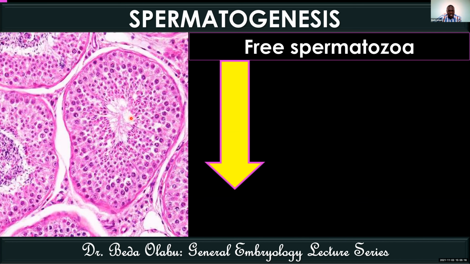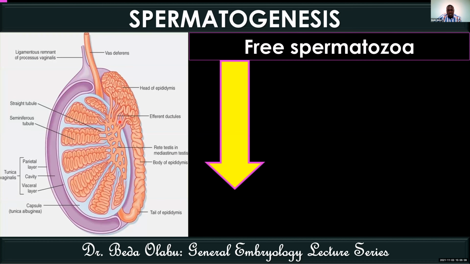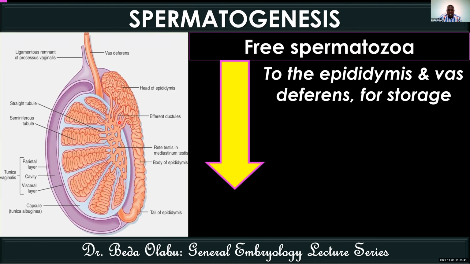These ones are actually spermatozoa. So it takes about 2 months to move from here up to there, during which those anatomic and functional changes take place. Once the sperms are within the lumen of the seminiferous tubules, they are free there. They can now move from the lumen to the epididymis.